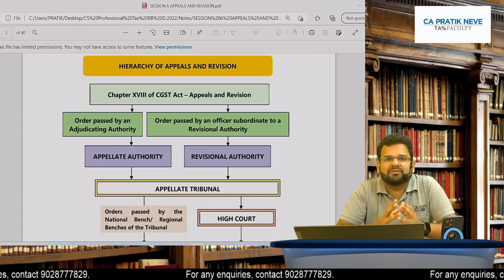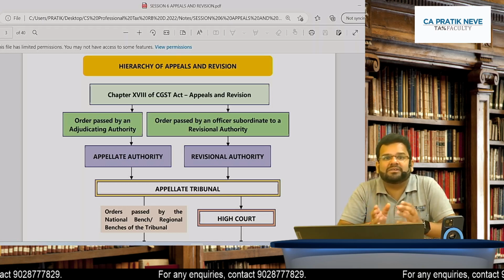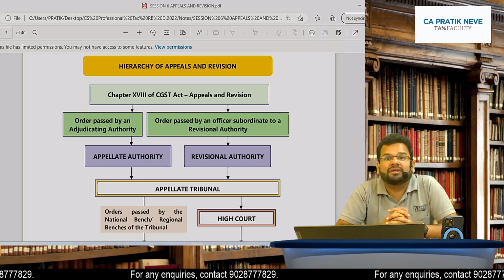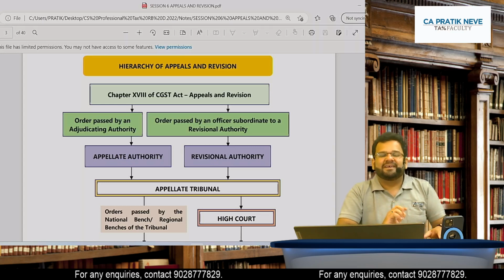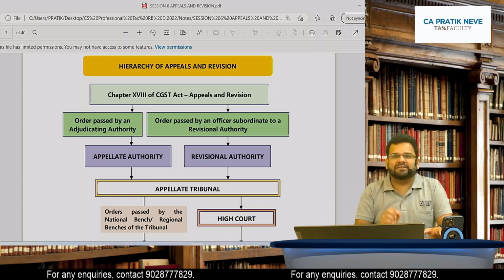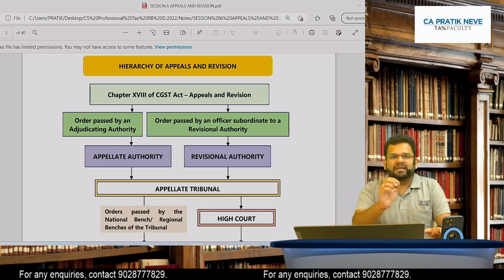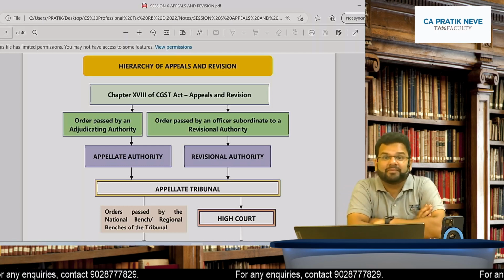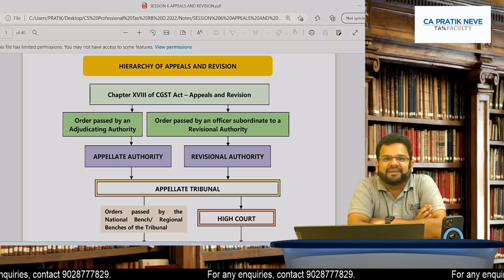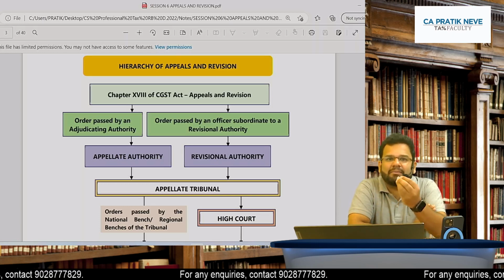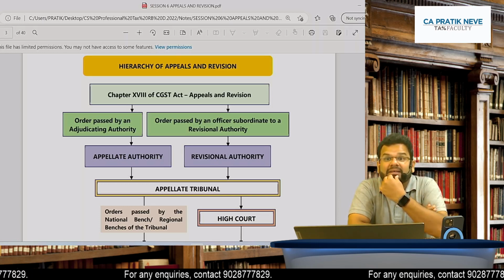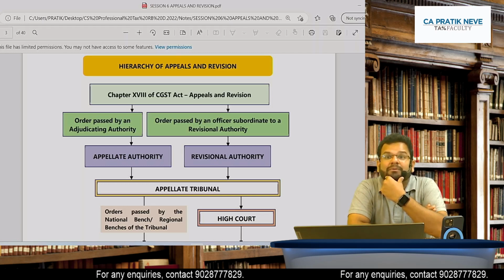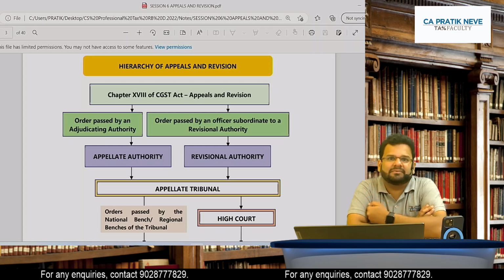So in GST, one decision has been given by the adjudicating authority. Who is the adjudicating authority? The GST officers are the adjudicating authority. They have given some decision, that so and so liability needs to be paid, correct? Now if as an assessee I am not happy with that decision, then there should be some appellate mechanism, isn't it?